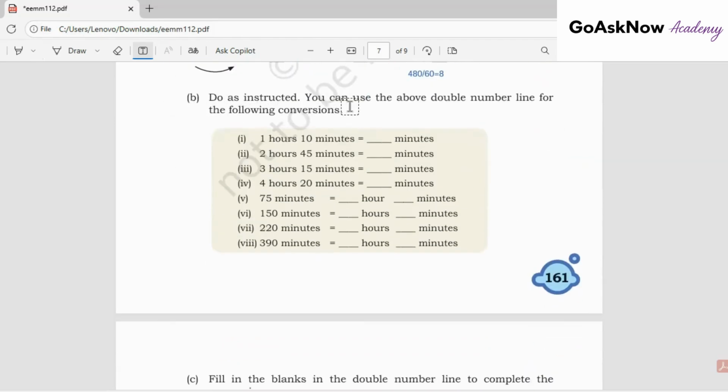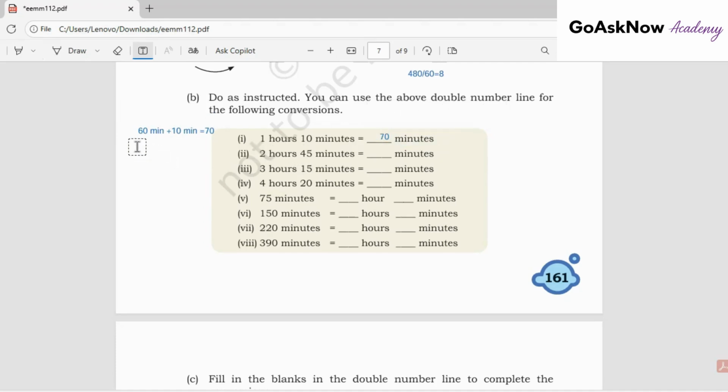Do as the instruction. You can use the above double number line for the following conversion. Here the first one, 1 hour 10 minutes is equal to 1 hour means 60 minutes, 60 minutes plus 10 minutes, which is equal to 70 minutes.